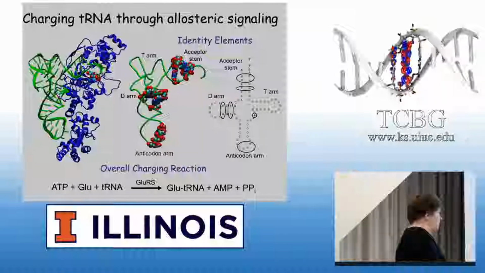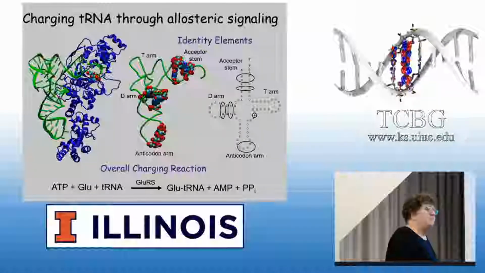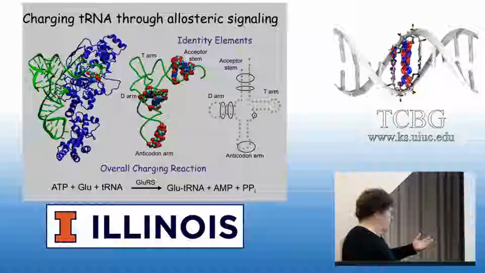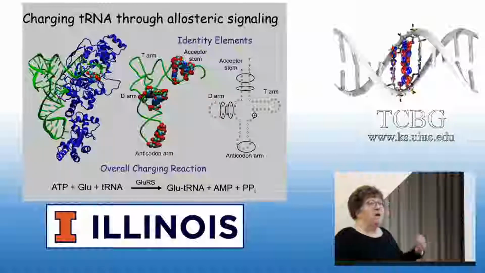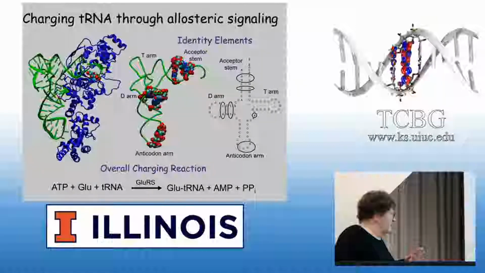With GluRS, you can't even get the charging of the glutamate with the ATP without the tRNA being present. For the others, that's not so necessary.